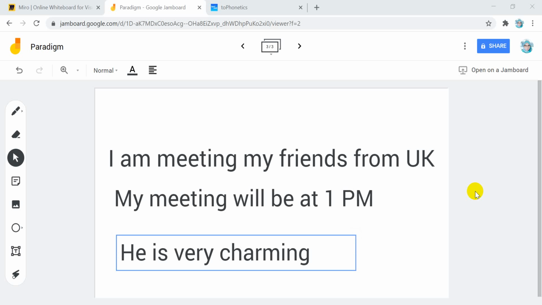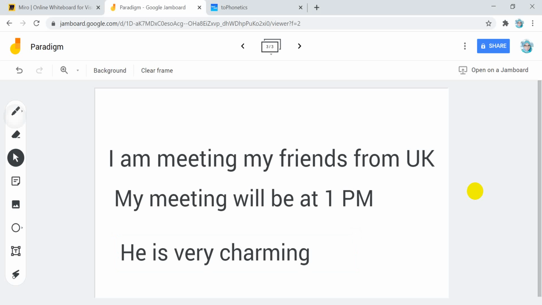Look at the example here. The first one: I am meeting my friends from UK. From the auxiliary, we know that this is the present participle, the verb ing.